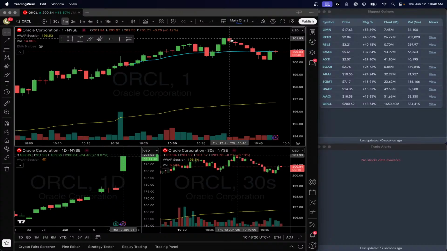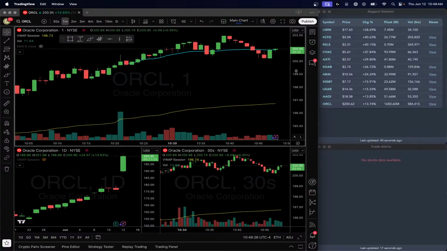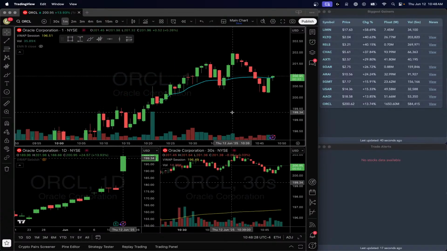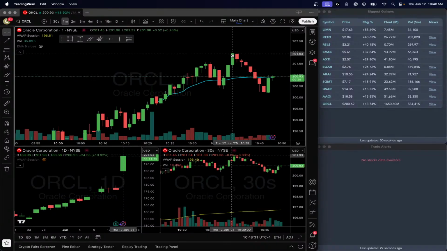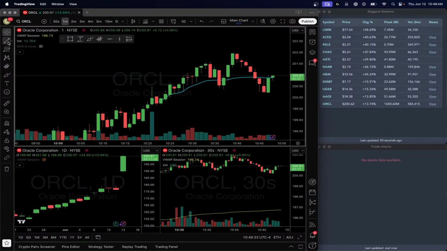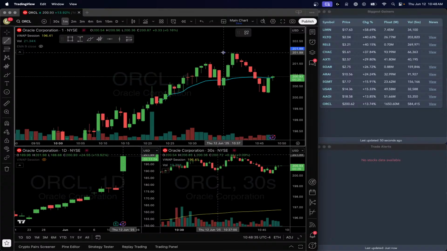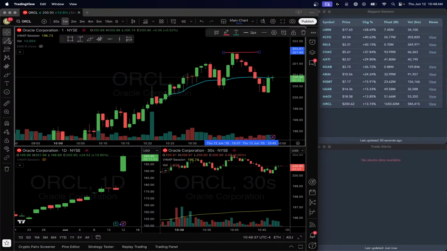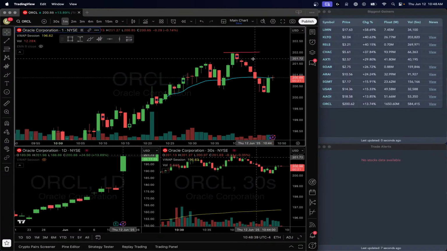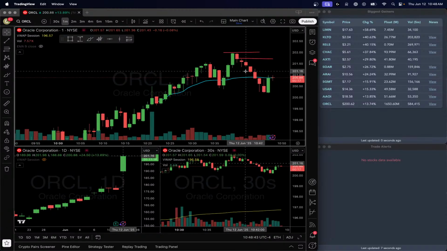Then it looks for a 2-bar pullback, making lower lows. And as you can see here, we made higher highs, and we're making lower lows. Because right here, a low, and right here, a low.